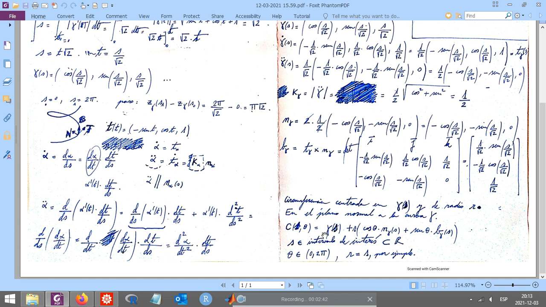So the center of this circumference as a function of s will be each point of the helix given by this, plus the radius of the tubular, and then cosine of theta times the normal plus sine of theta times the binormal. s running in some interval of R, and then theta between 0 and 2 pi.